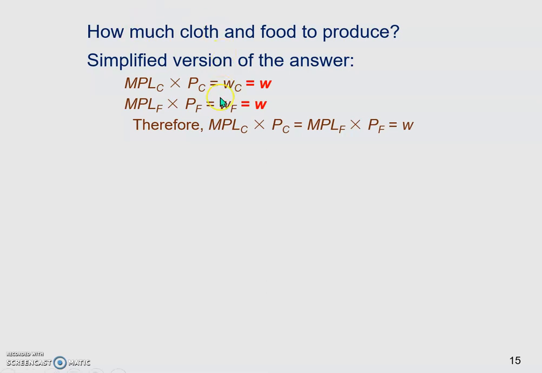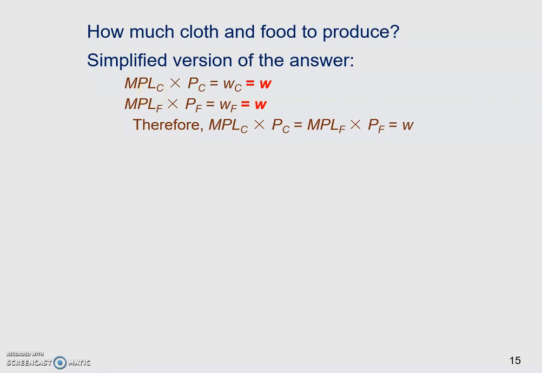So this is exactly the same equation. We just write it in a slightly different way. We move the price to the left-hand side. That's it. Okay? And again, the economic intuition changed as a result. So the left-hand side becomes the benefit of hiring this unit of labor, okay?